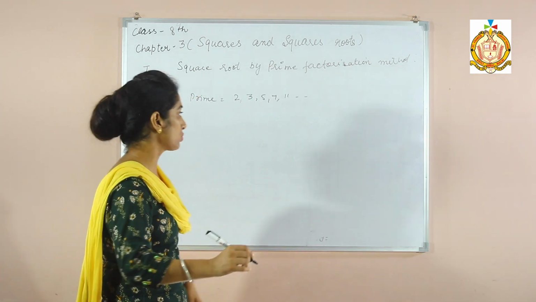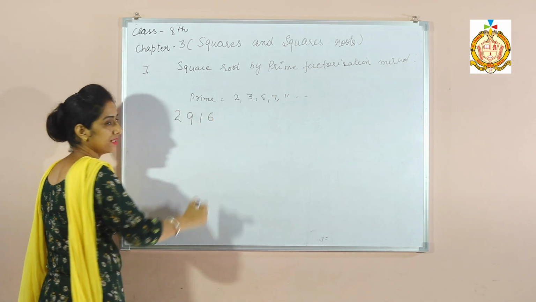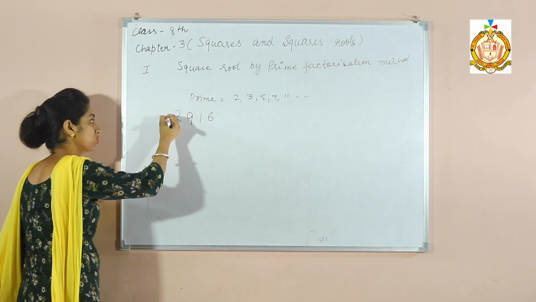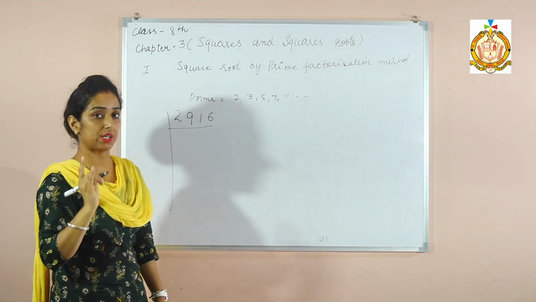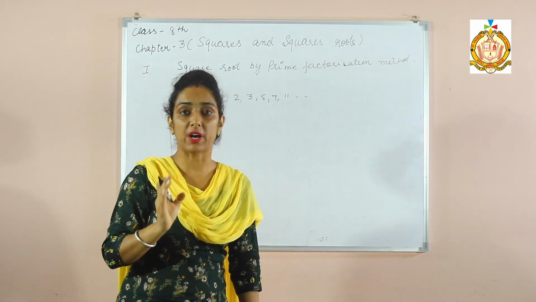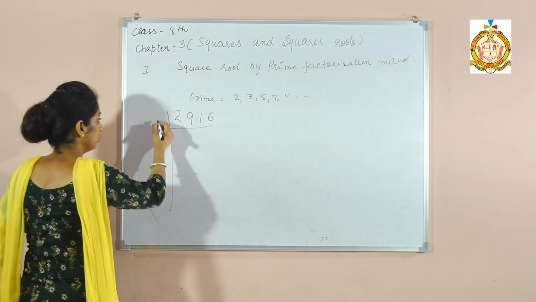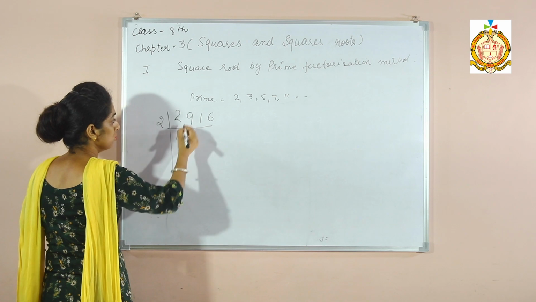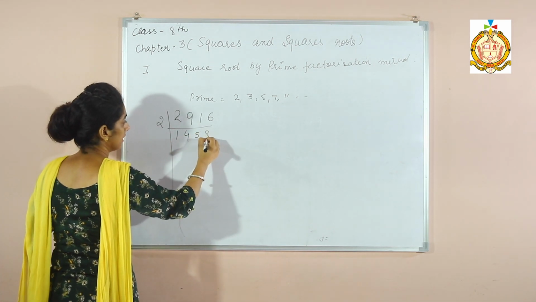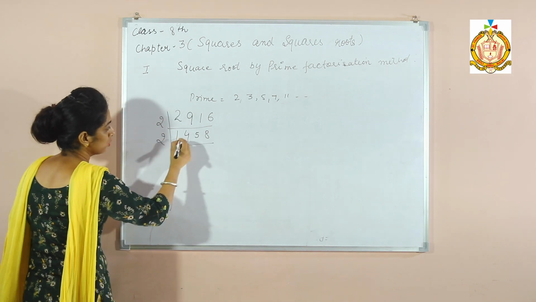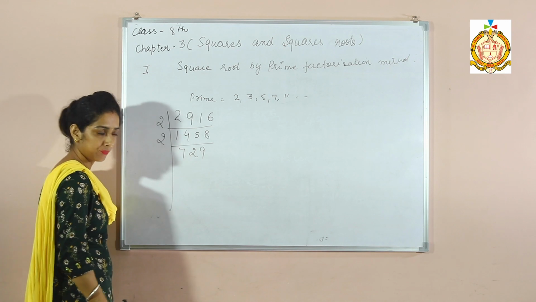See, the first question: 2916. We have to find the square root by the prime factorization method. First divide by 2: 2916 divided by 2 is 1458, again divided by 2 is 729.